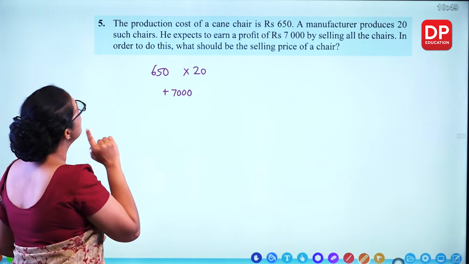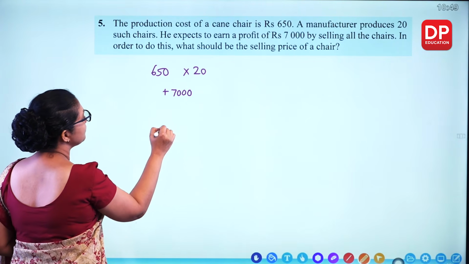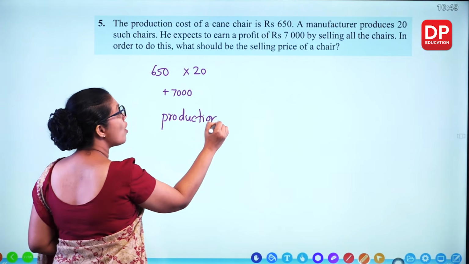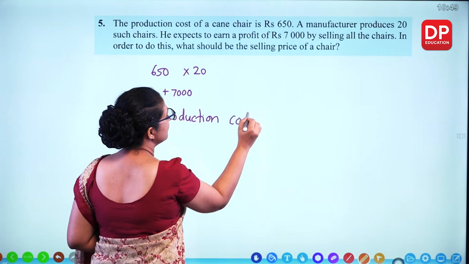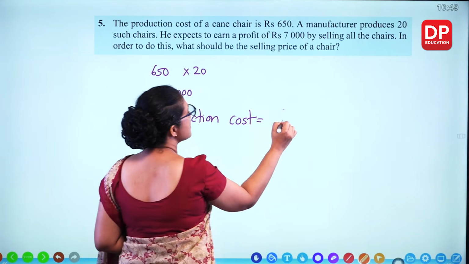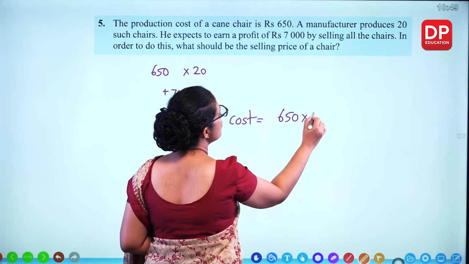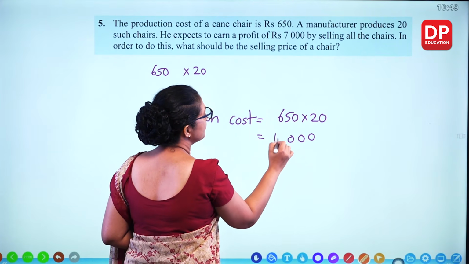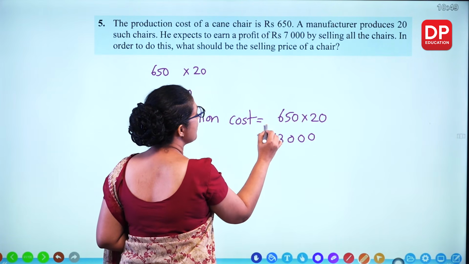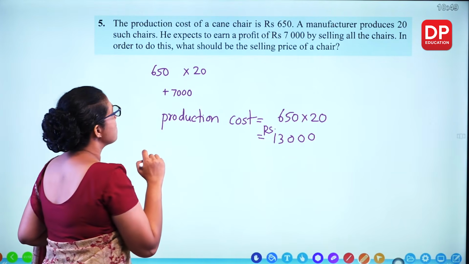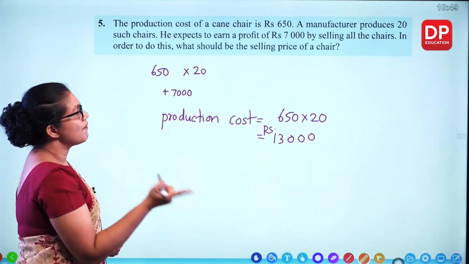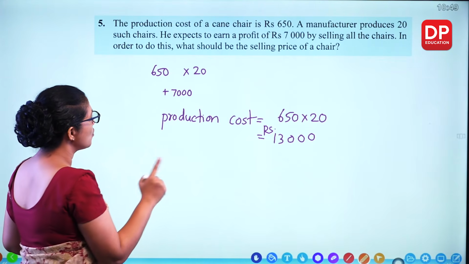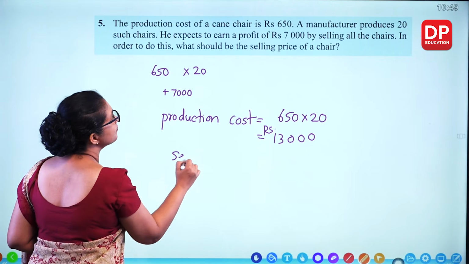So what's the production cost for all chairs? 650 into 20, 13,000 rupees.